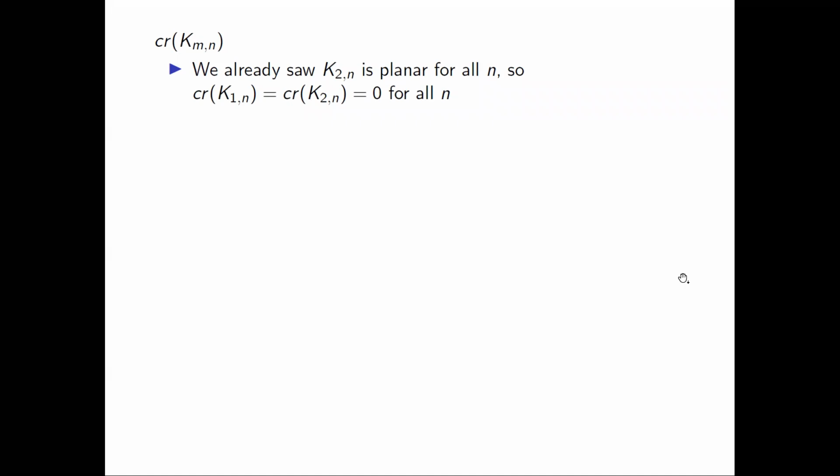First, we can observe when M equals 1 or M equals 2 that the complete bipartite graph K sub M comma N is planar. So we observed in an earlier class that K sub 2,N is planar, and obviously K sub 1,N, that's the star, and any tree is planar. So since they're both planar, they both have crossing number of 0.